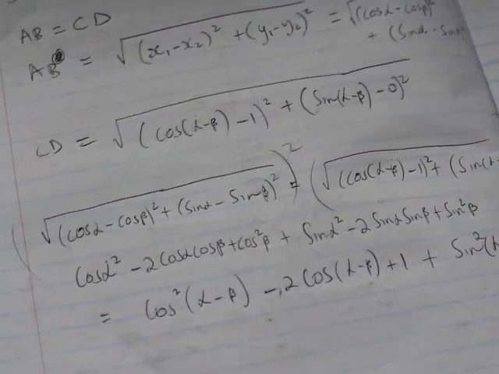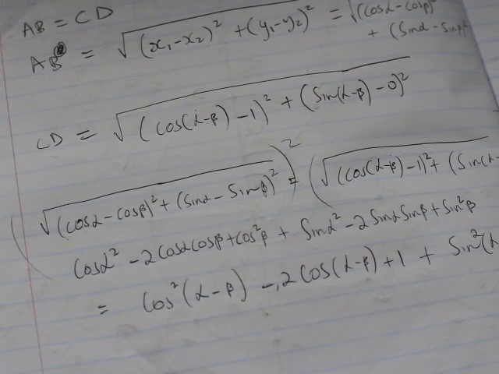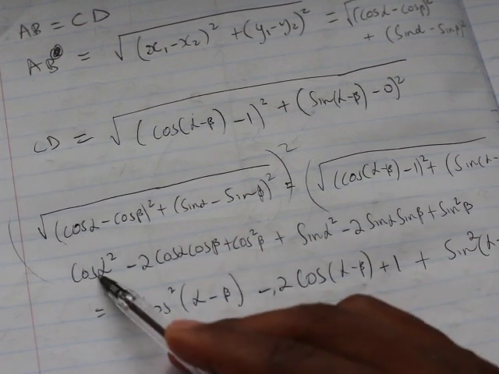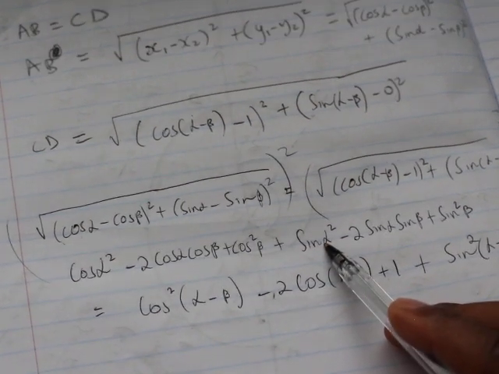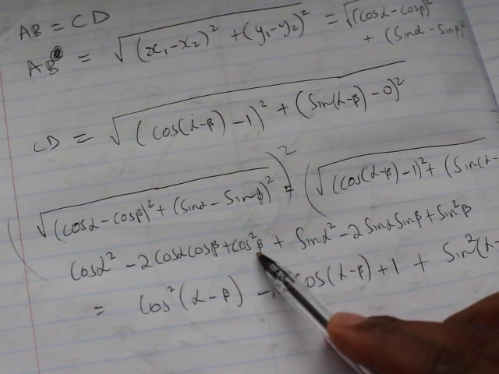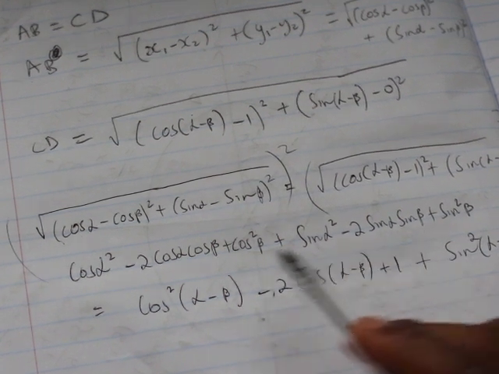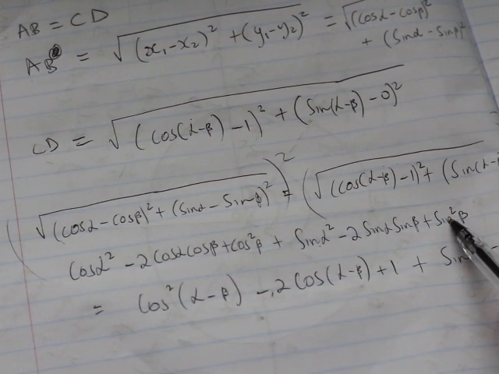So now we need to simplify. So let's check on the left hand side if we have any like terms. So you can see that there's cos squared alpha there and sine squared alpha there. There's also cos squared beta there and sine squared beta. So this pair gives us a 1, even that pair gives us a 1.